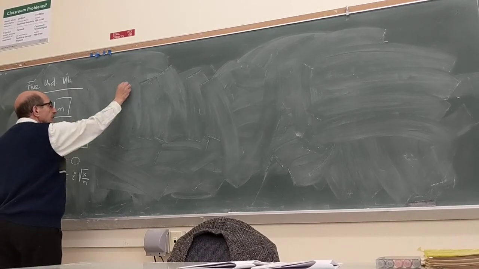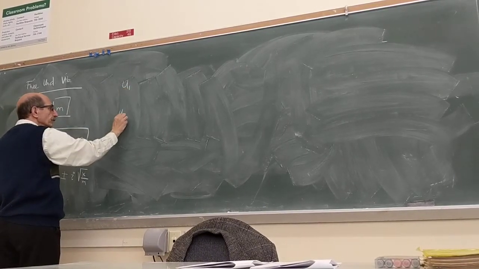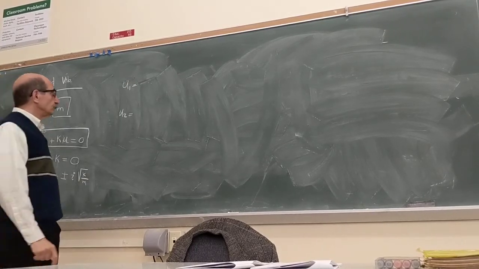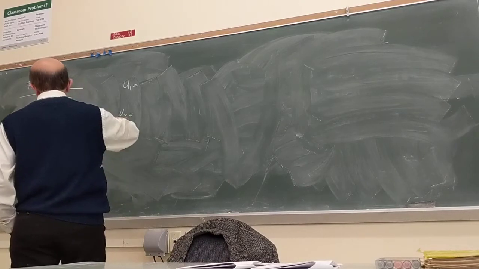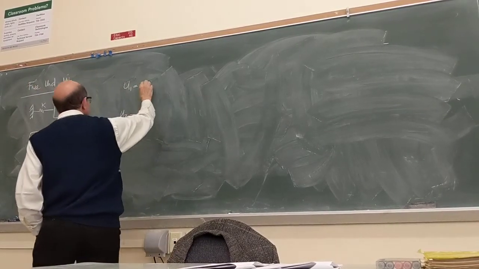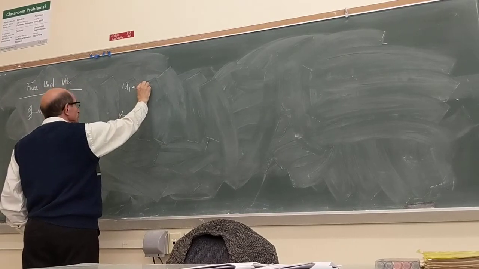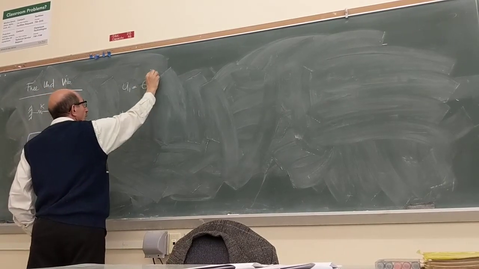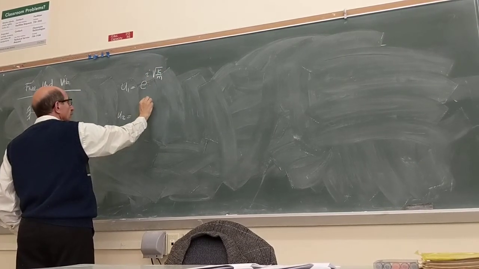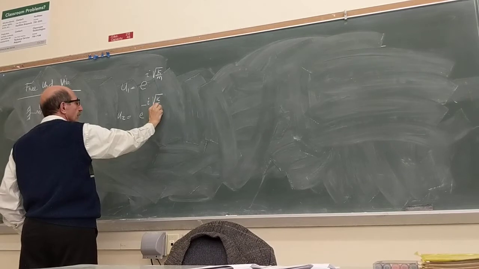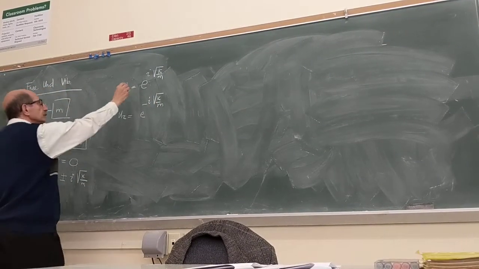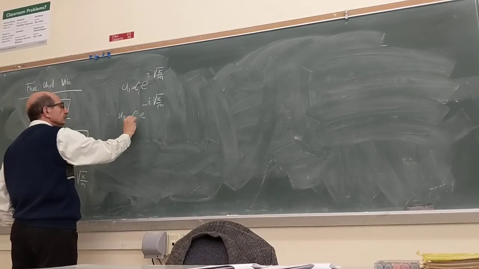So you have u1 and u2. If you remember from differential equations, u1 would be this, and this would be the other one. Or in general, it would be like this.